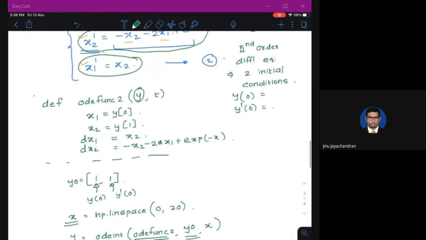And you return both x1 and x2. Return as a vector. The first term is x1 dash, and the second term is x2 dash. And this will give you the solution.